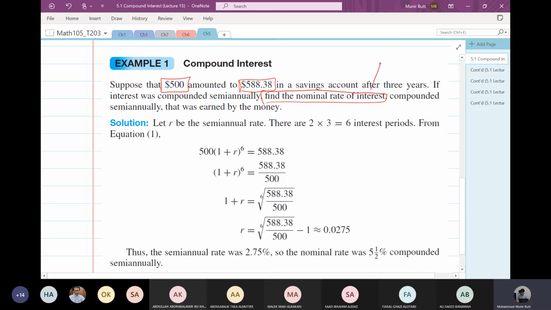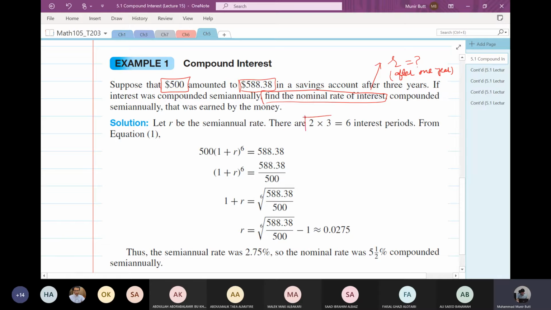So he asks us to find R after 1 year. But he gave us the information related to 6 months. So what is the idea?